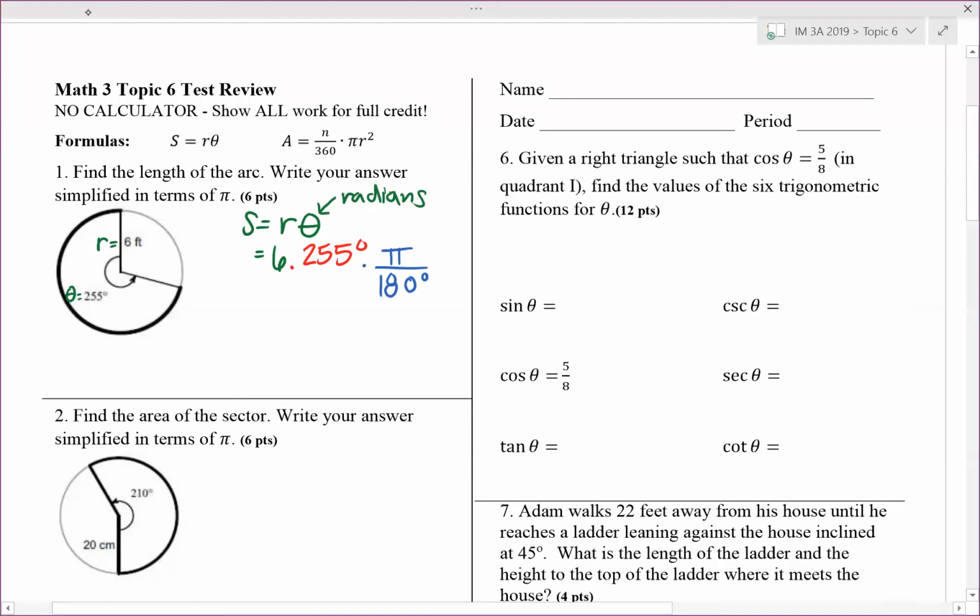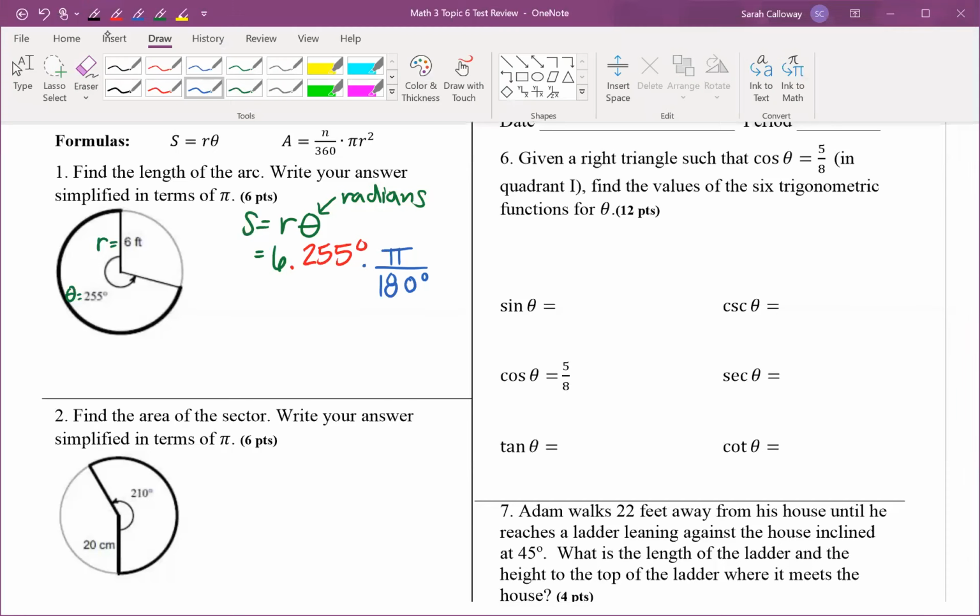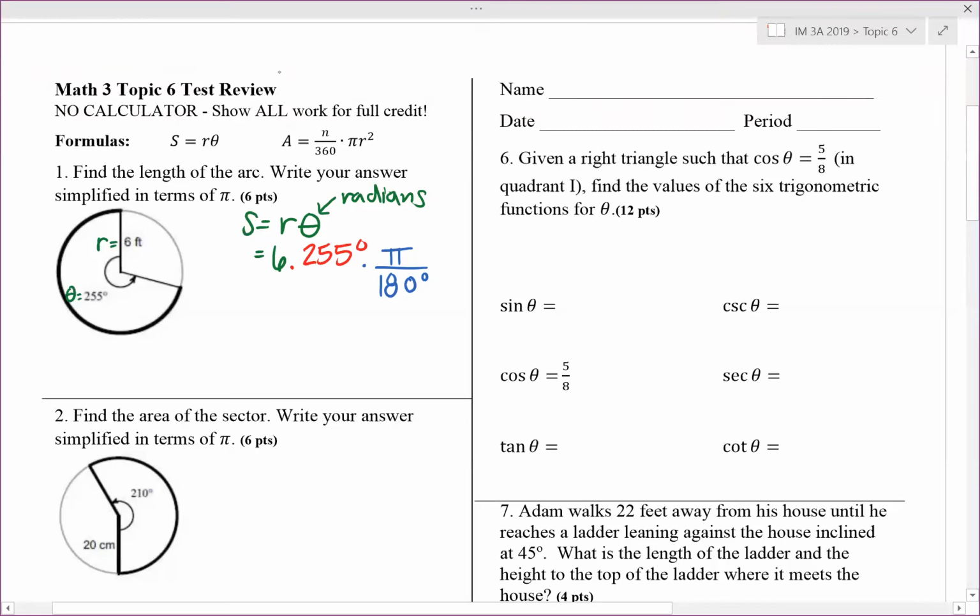So 255 and 180, one ends in a 5, the other one ends in a 0. So I know I can at least divide them by 5. If I divide 255 by 5, that's going to be 51. And then if I divide 180 by 5, that's going to be 36.